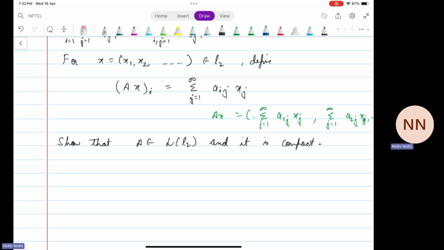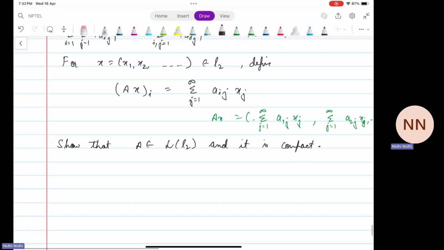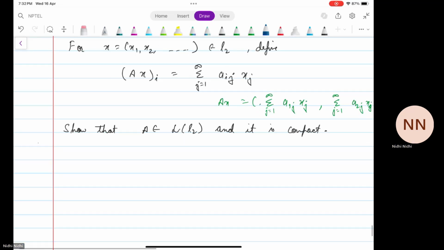Again, as done earlier, we will show that it is a limit of a sequence of compact operators, mainly the finite rank operators, in order to show that this is compact. Solution. Clearly, this is linear. All we need to show is the continuity.